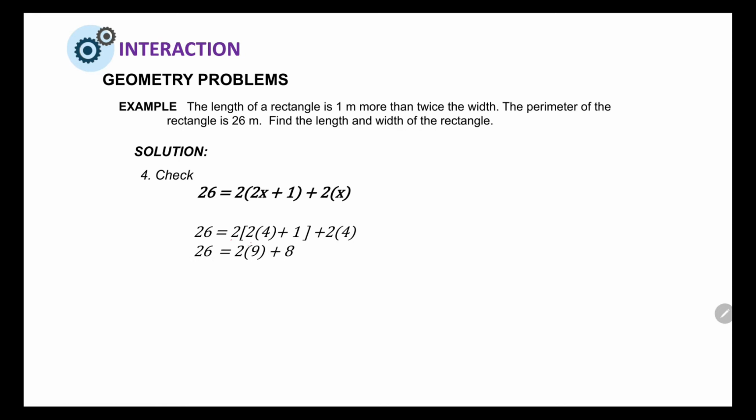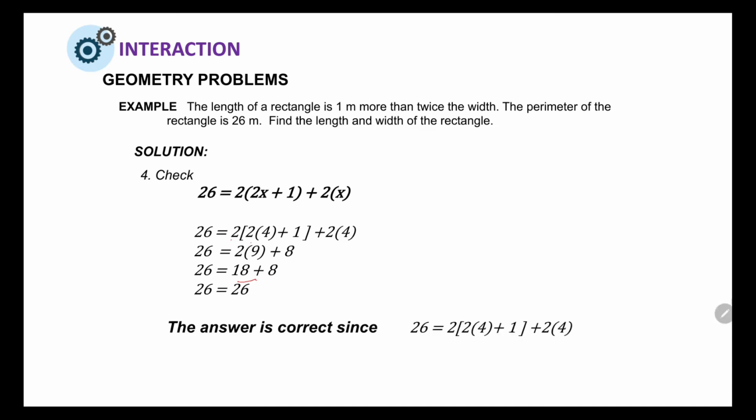Simplify: 2 times 4 plus 1 is 9, times 2 gives you 18. So 26 is equal to 18 plus 8, so 26 is equal to 26. Again, we have the correct answer, where the value of x is equal to 4.